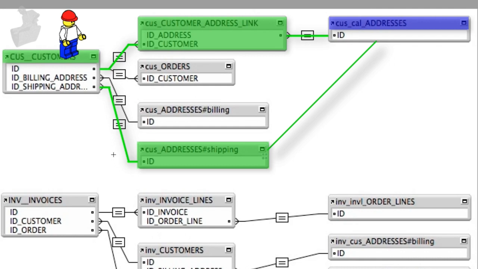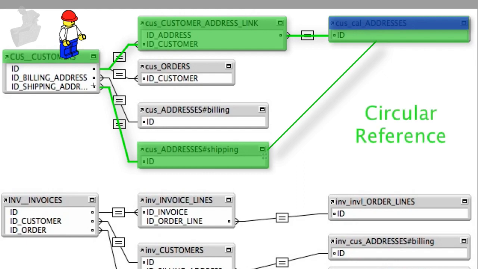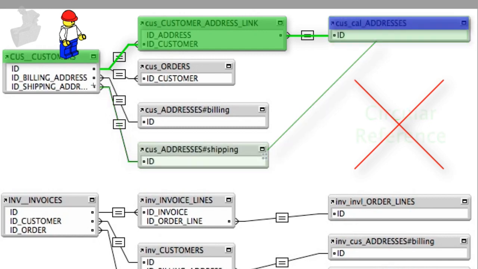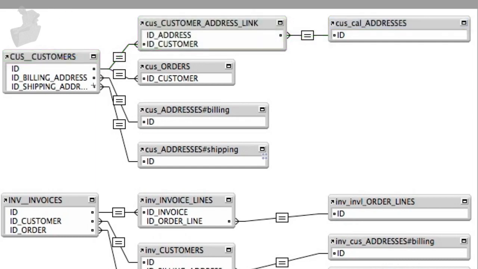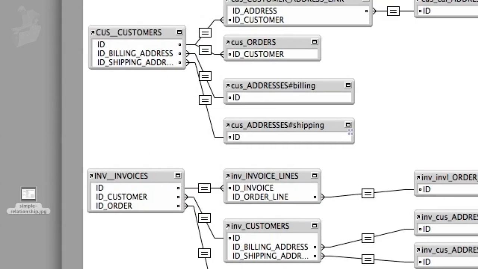In fact, strictly speaking, I could see myself by looking through one side and having it go all the way around and come around and hit me in the side of the head. That's called a circular reference. You can never have that on a FileMaker relational diagram. So all the lines have to have a definite beginning and end. So just keep that in mind.